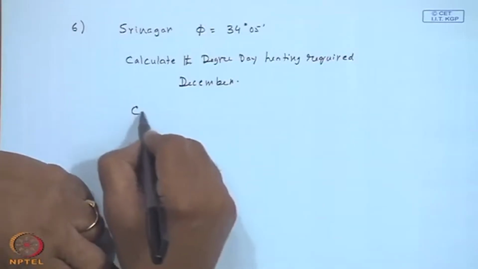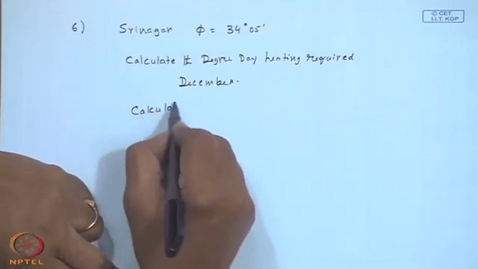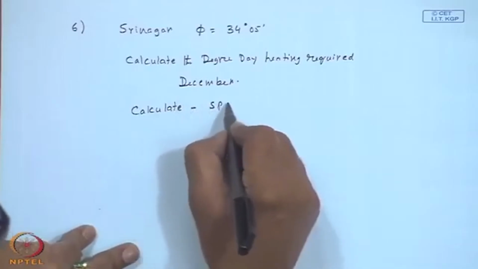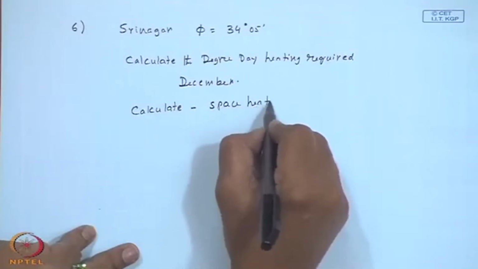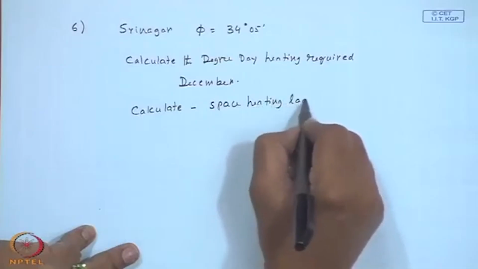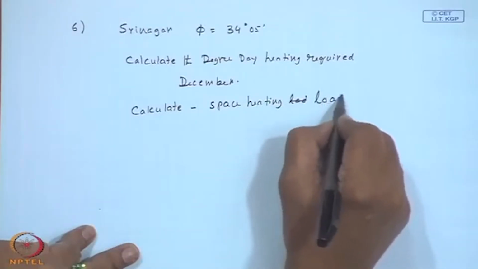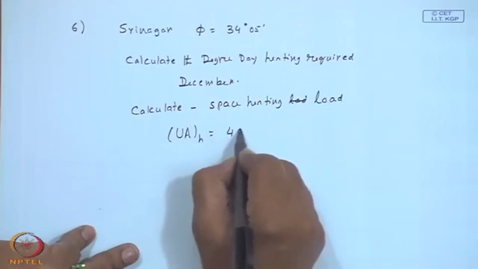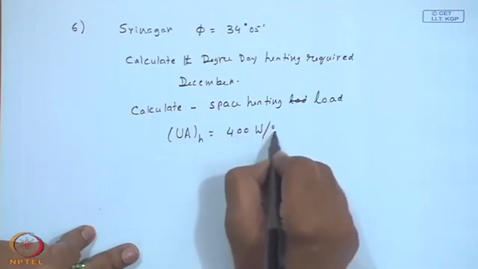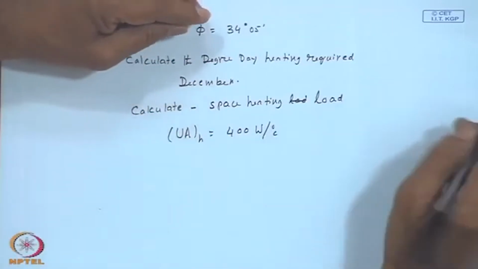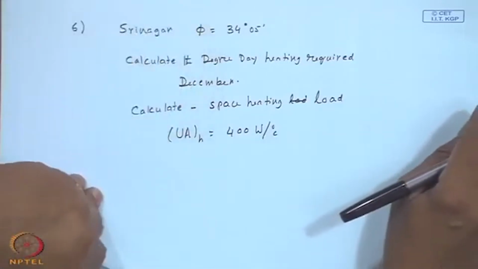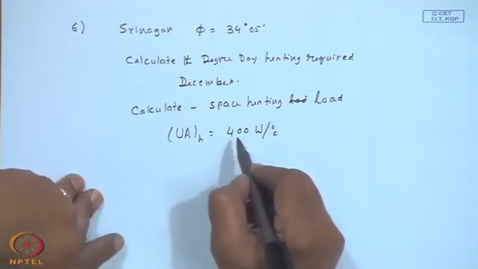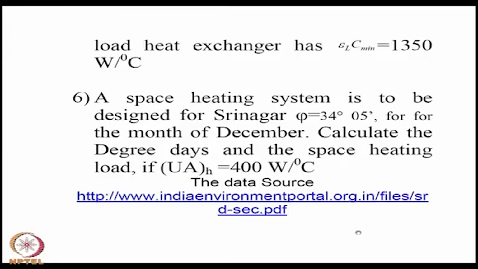And then calculate your space heating load, with building heat loss coefficient of 400 watts per degree C. Something like 200 to 600, depending upon the dwelling size, is a reasonable number, and it may be a medium or a small one with lots of leakages. So, this is what we shall do.